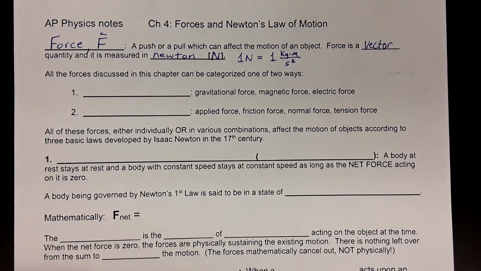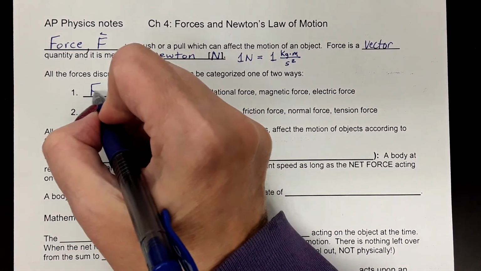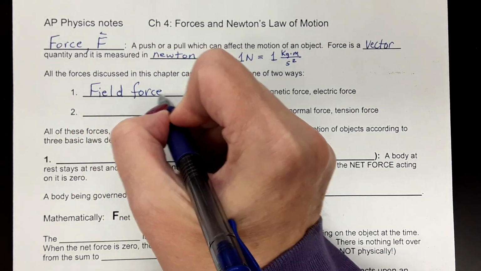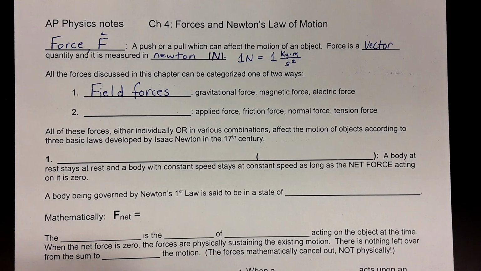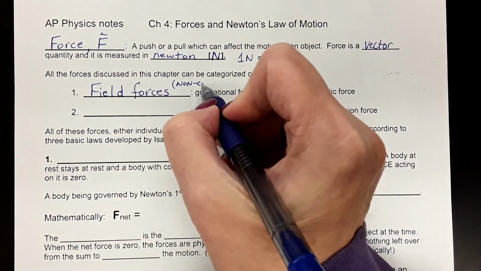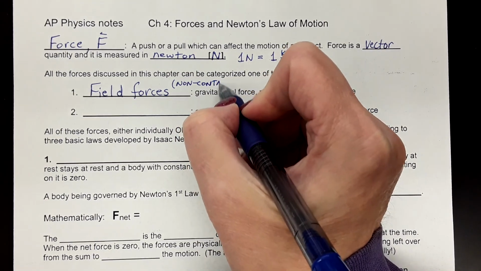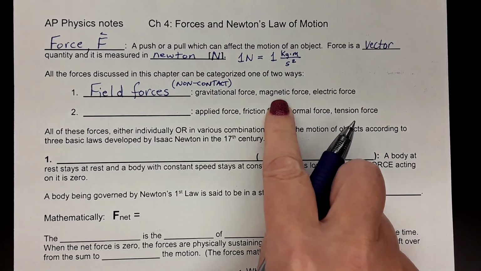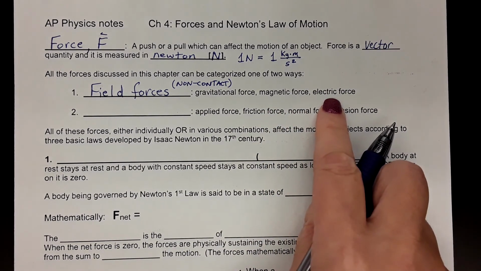Now, there are 2 ways to categorize forces, and these would be field forces, which are non-contact forces, okay? These are non-contact forces, such as gravity, magnetic force, and electric force.